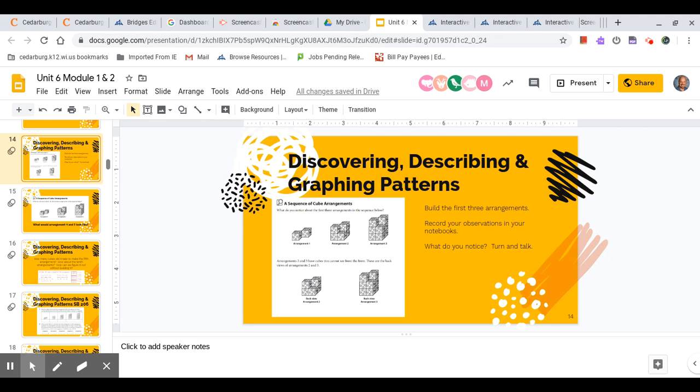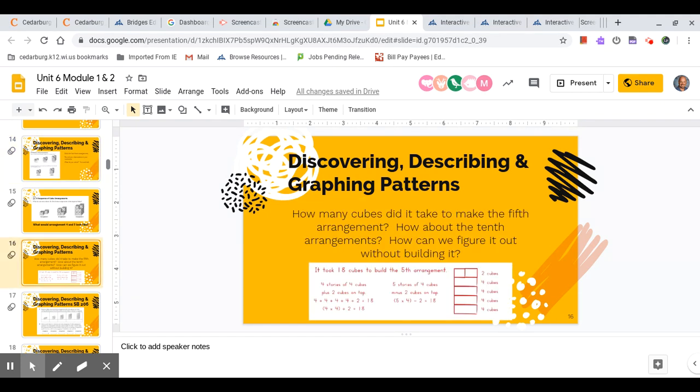So if we were going to want to build that pattern, we would just add 4 cubes to the bottom of each layer underneath the 2 cubes for a total of 18 cubes, right?